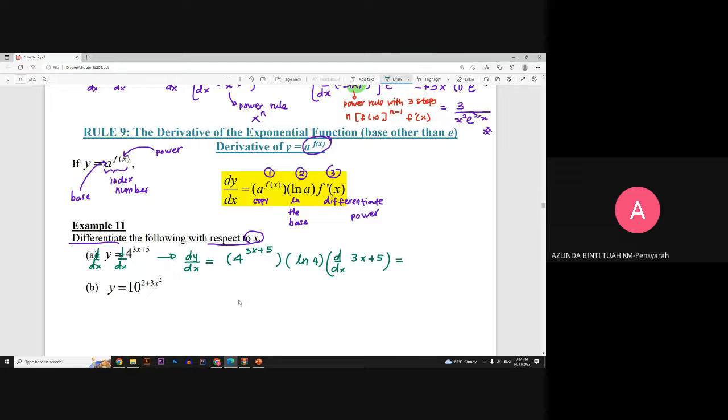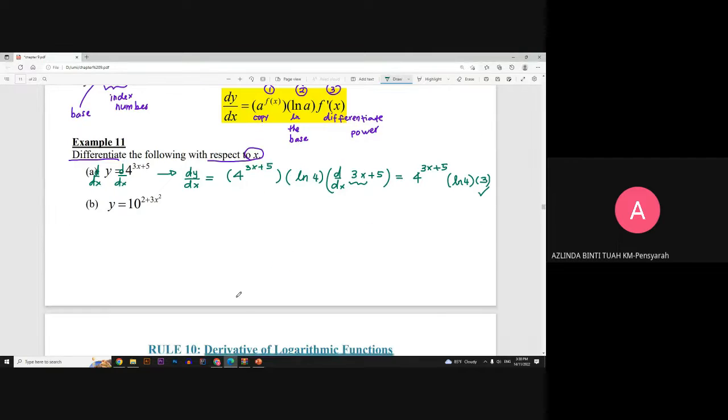So for the final answer, we have 4 to the power of 3x plus 5, ln 4, times differentiate 3x is equal to 3, differentiate 5 constant is equal to 0. Okay, you can leave your answer like this, or if you want to rearrange, we arrange the number, then ln, then the index number. This is the reverse order, but it's okay to just leave it like this.